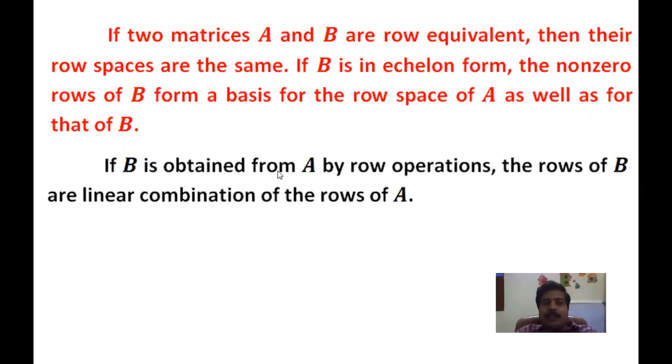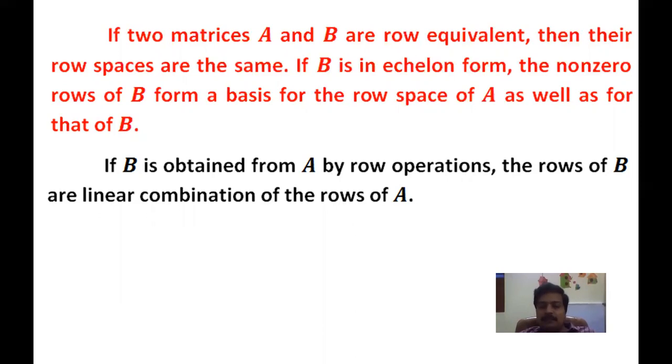If B is obtained from A by row operations, the rows of B are linear combinations of rows of A. While converting a matrix into echelon form, we are using elementary row operations. Those are nothing but linear combinations.